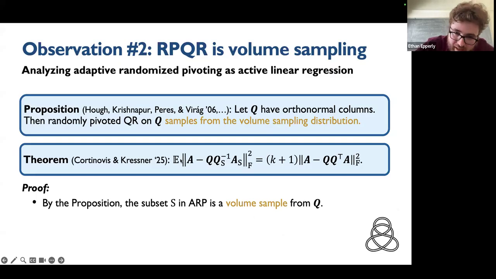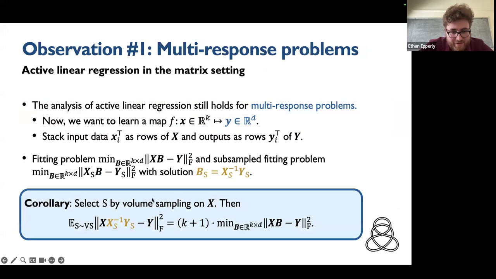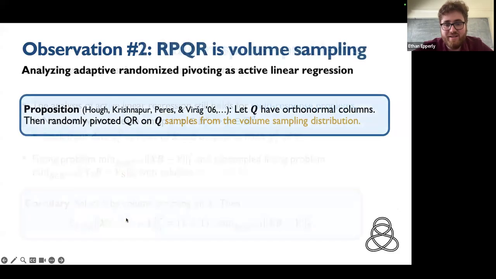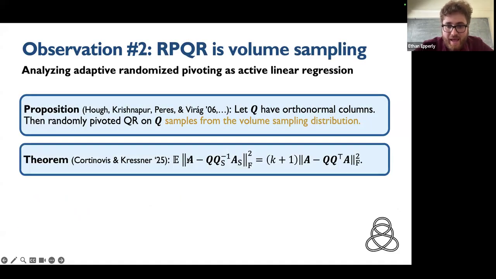Now, if we look at the error in the left-hand side of this expression, we again see a matrix times that matrix subsampled inverse times another matrix subsampled minus that other matrix. And if I just go to the previous slide, you see Y minus X X_S inverse Y_S, and here A minus Q Q_S inverse A_S.